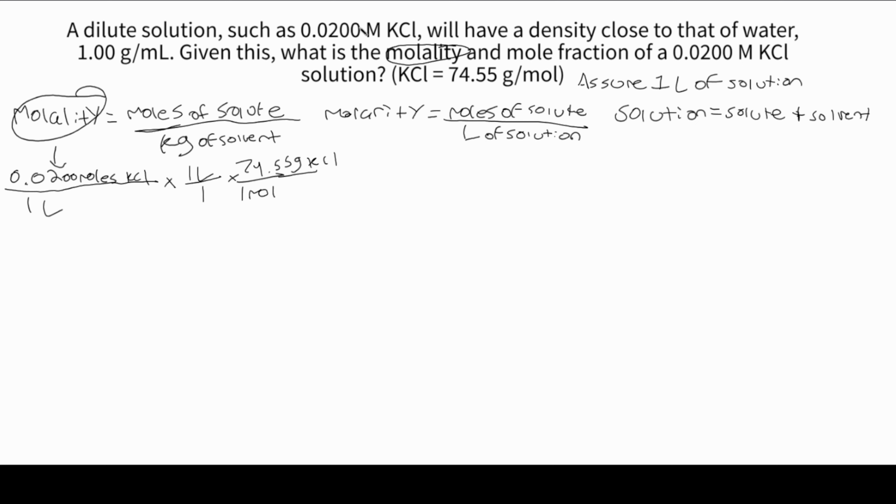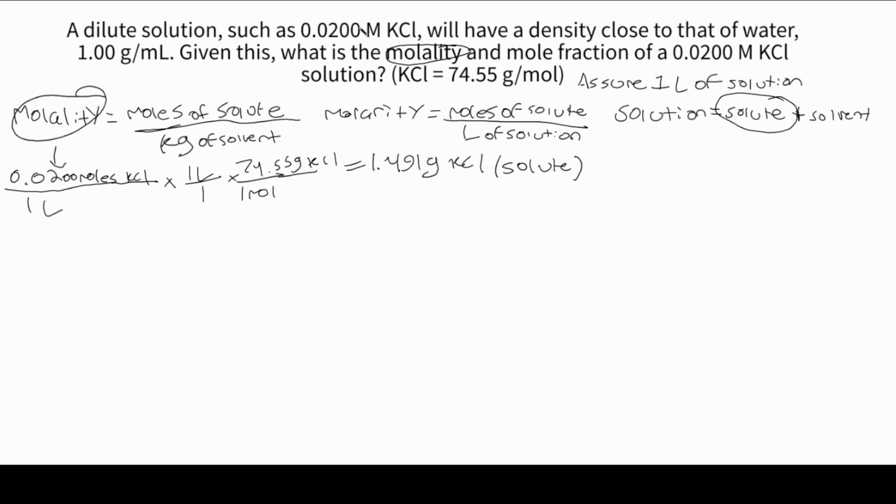So this equals 0.02 times 74.55, which is 1.491 grams KCl, and that's going to be equal to our solute.